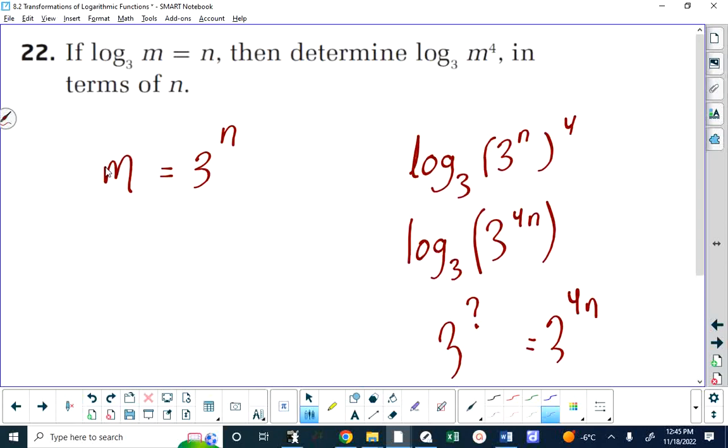I get 4n because I'm saying, what is it that I raise this 3 to, to get this whole thing? So I reason out that I have to raise 3 to the 4n to get that whole thing.